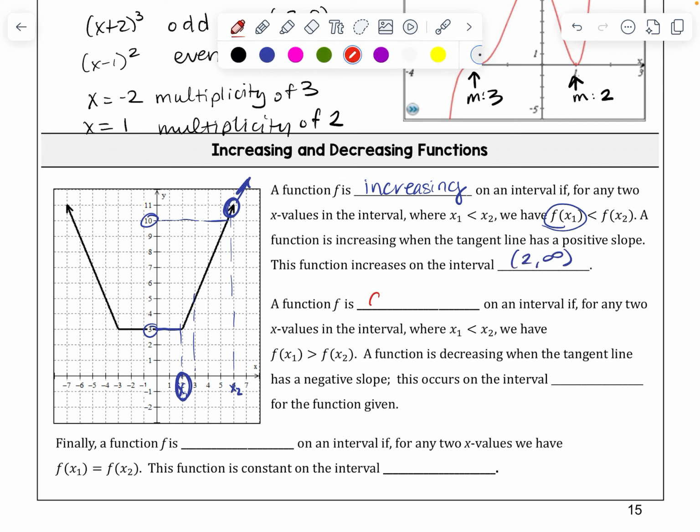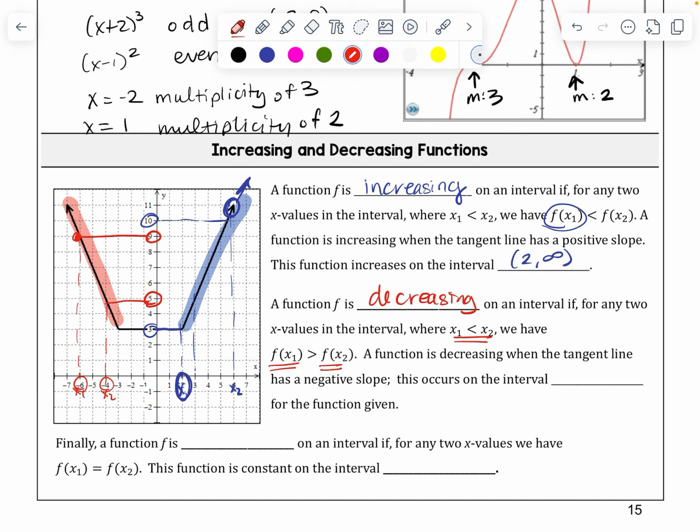A function is decreasing on an interval, and we know that a decreasing interval is from here to here, right? Well, this is the increasing interval. For the decreasing interval, let's say this was x1, and this was x2, where -6 is less than -4, we see that here, but their corresponding values, f of x1 was 9 and f of x2 was 5, so f of x1 is actually greater than f of x2.